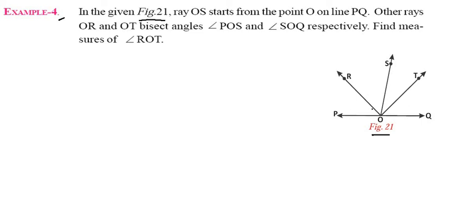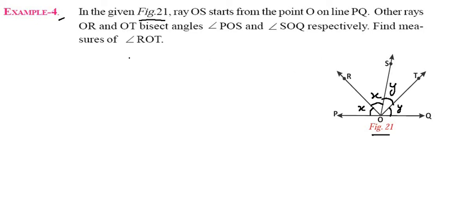Suppose it is bisected, so we can say these angles are equal, X and X. And now SOQ, suppose these angles are Y, because it is bisecting, so both angles are equal, so it will be Y.